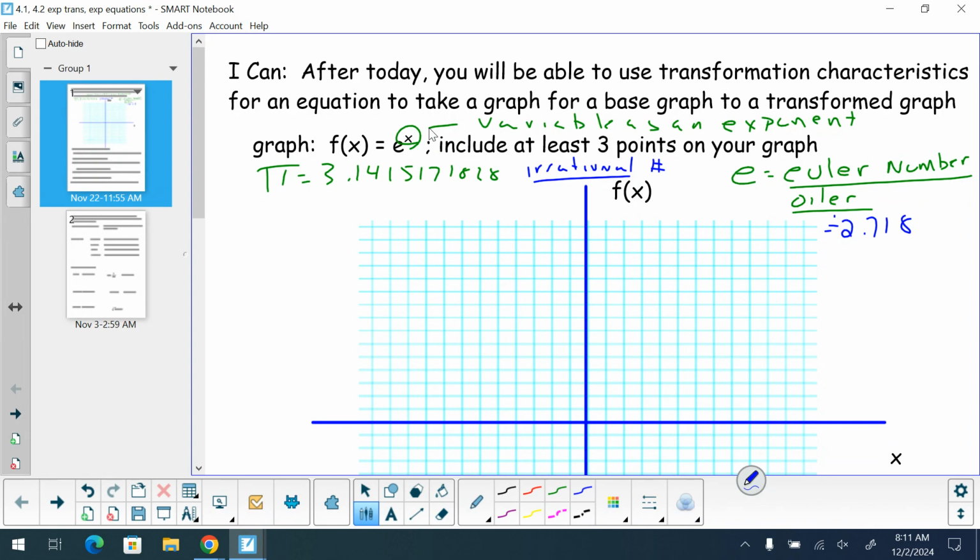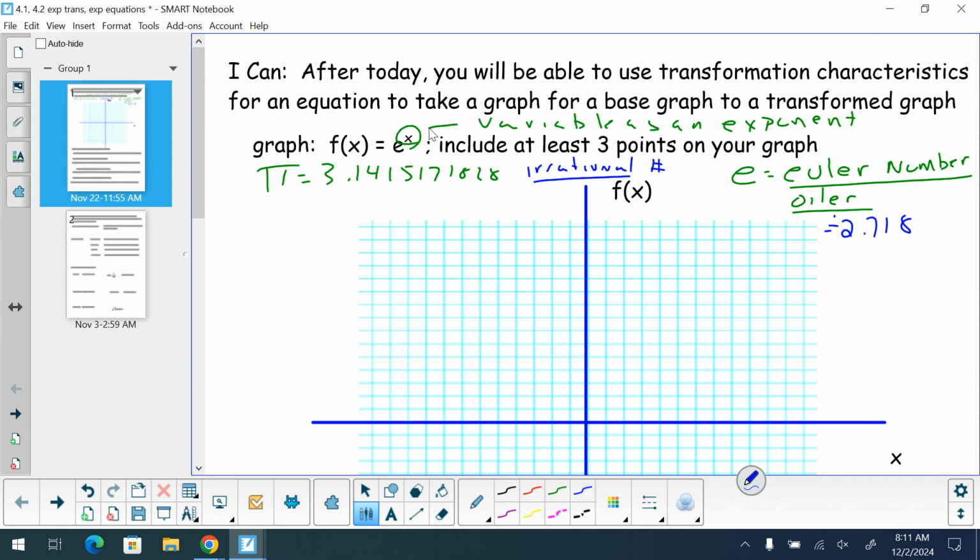What's important about Euler's number is it will go into your exponential growth and decay functions that you'll be dealing with in chemistry. It will take you into an exponential growth or decay function in any type of investments that you deal with.